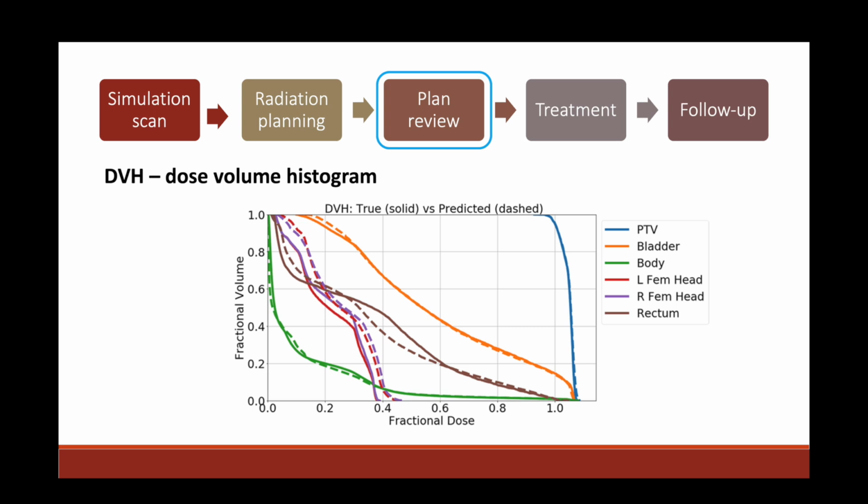So we typically want our target volumes in the upper right corner of the DVH curve, meaning that as much as possible of our target volumes are receiving 100% of the dose. And we typically want our OARs to be in the bottom left of the DVH curve, meaning that these organs are getting as little dose as we can manage.